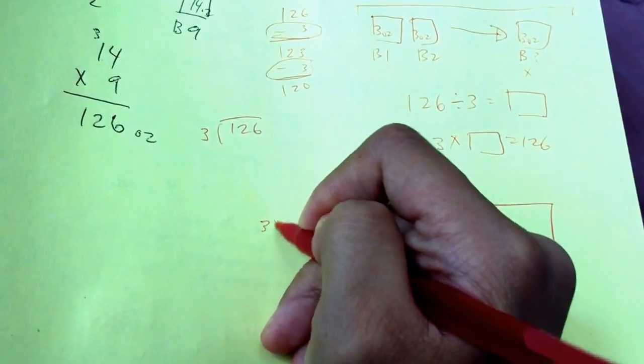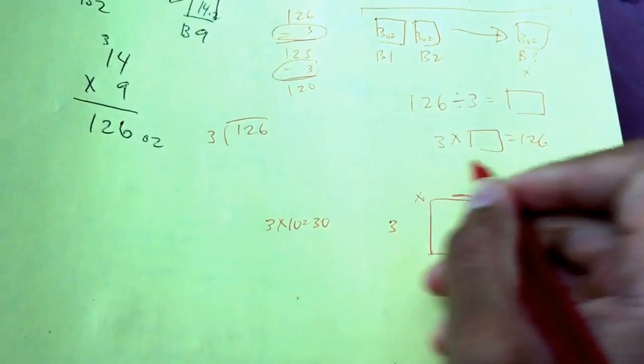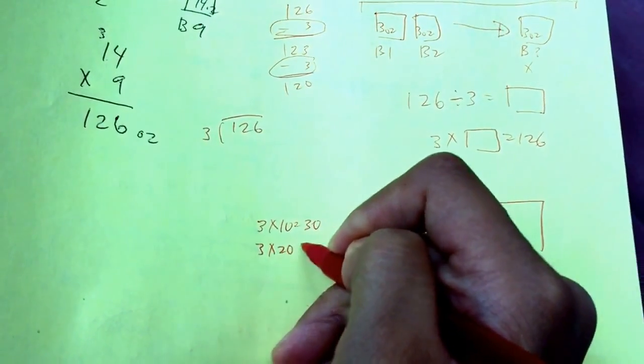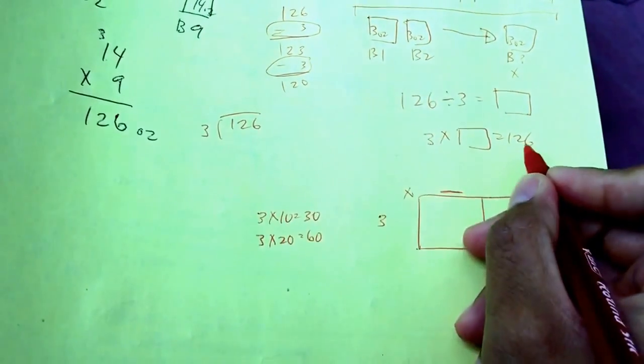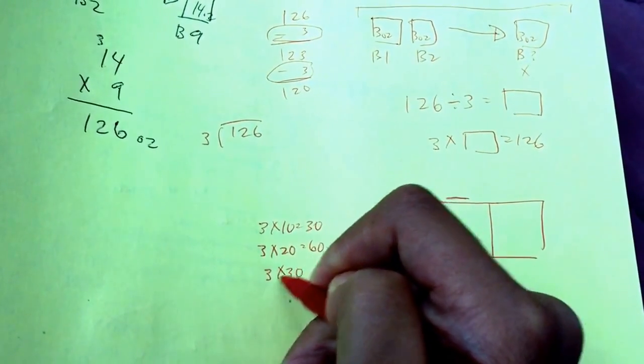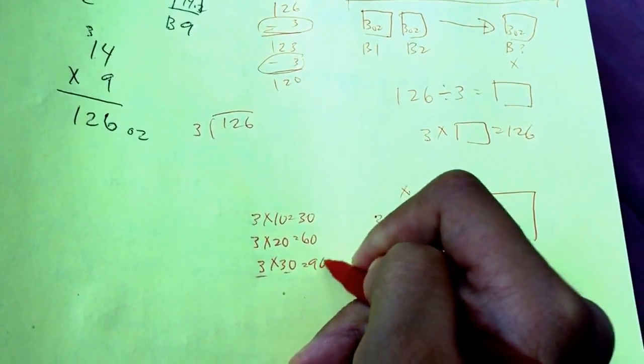So if we do 3 times 10 equals 30, that's not very close to 126. If we do 3 times 20 equals 60, that's not quite close. If we do 3 times 30, 3 times 3 is 9, plus 1 extra 0, that's 90.